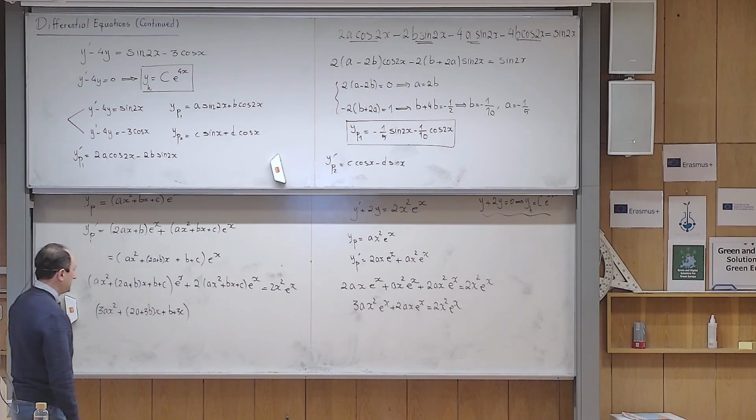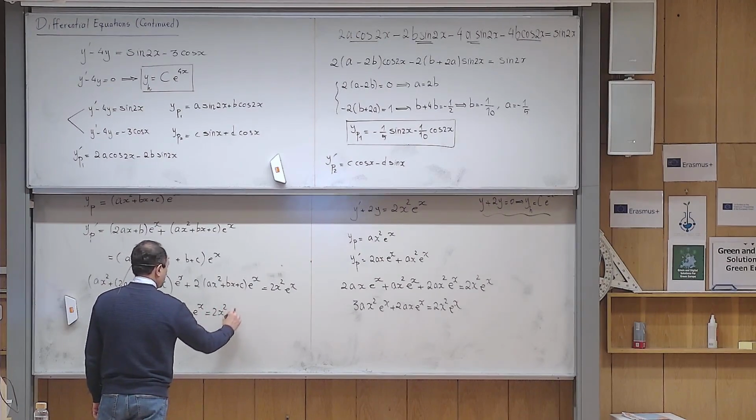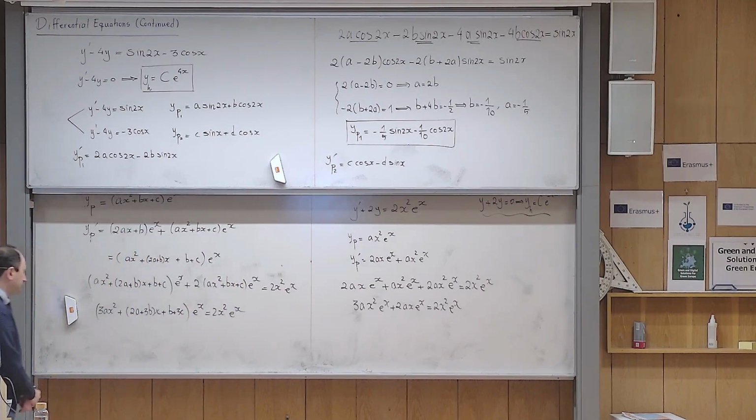Yes? And then I have e to the x. And then finally, this should work. Do you see any flaws now, or is it good? It seems to be correct, yes?